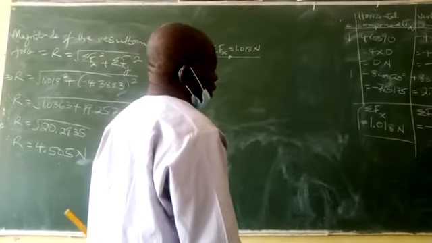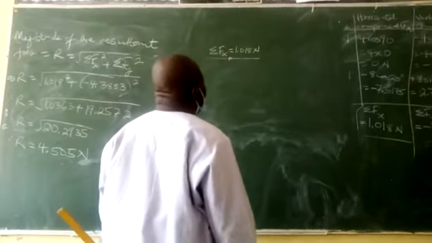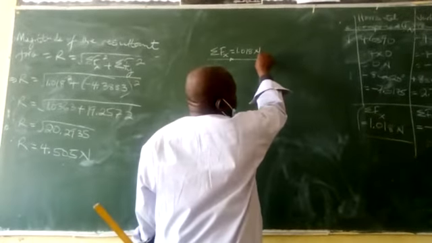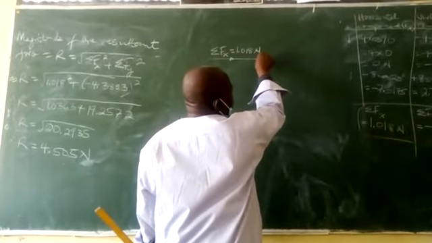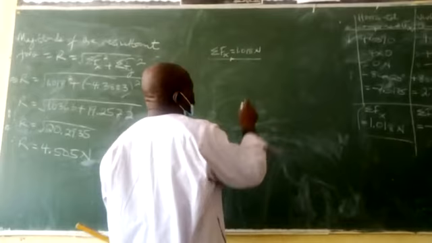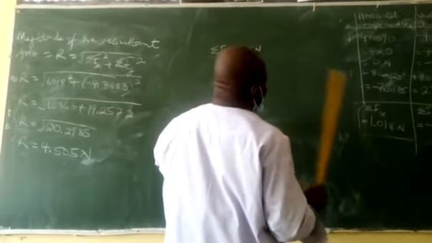Now, summation F of y is negative. Then from the head of this first vector, we draw the vector for summation F of y vertically downward, in the negative direction of the y-axis because it is negative.